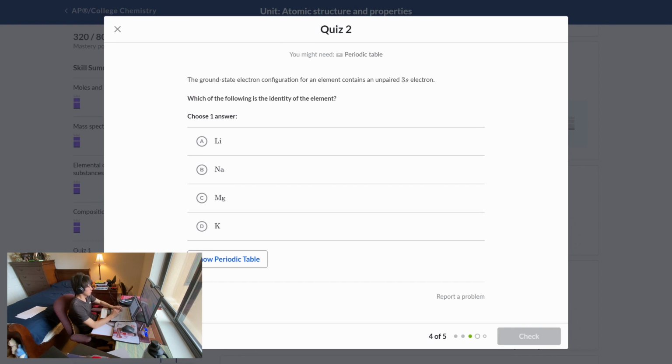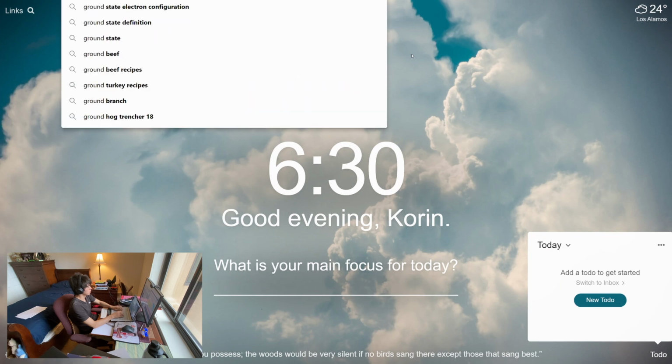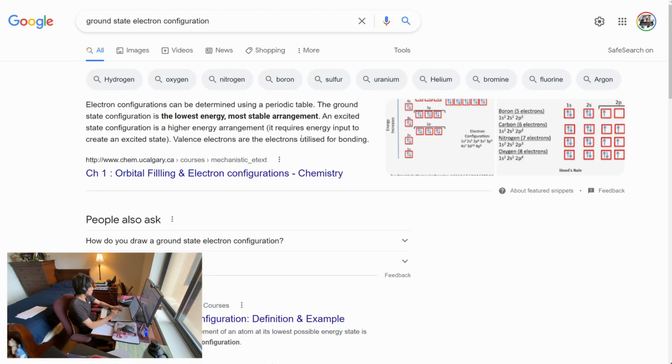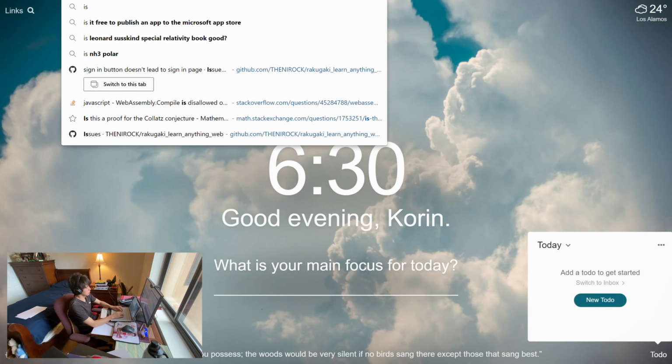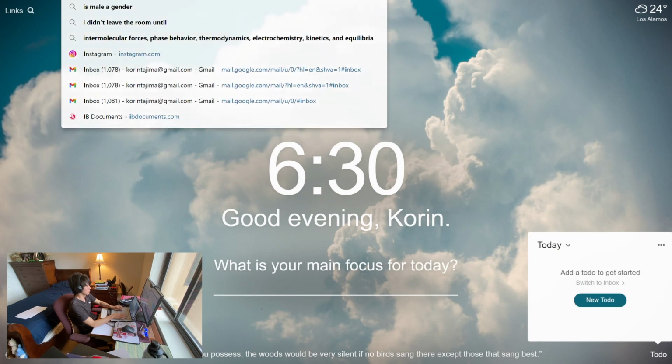What is a ground state electron configuration? Is that just when it's neutral? Well, I assume ground state electron configuration.